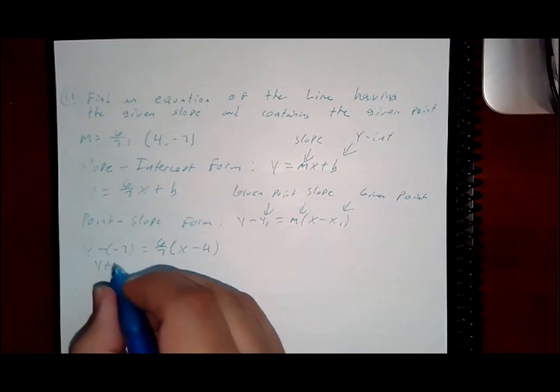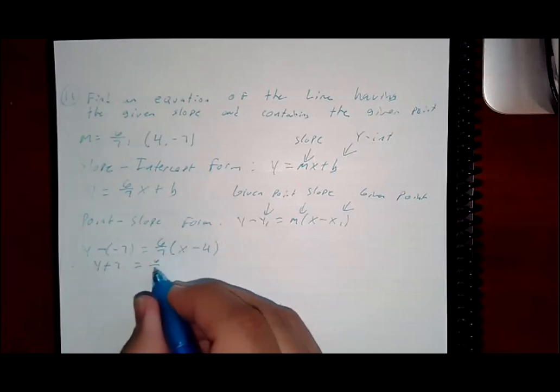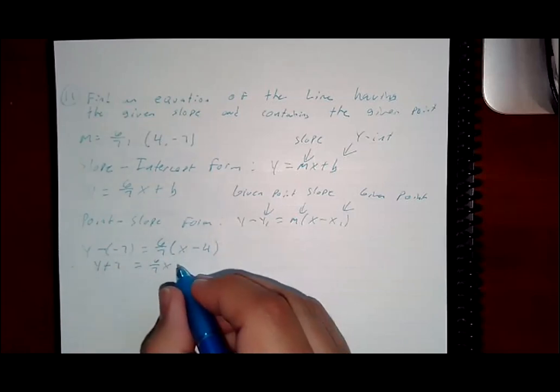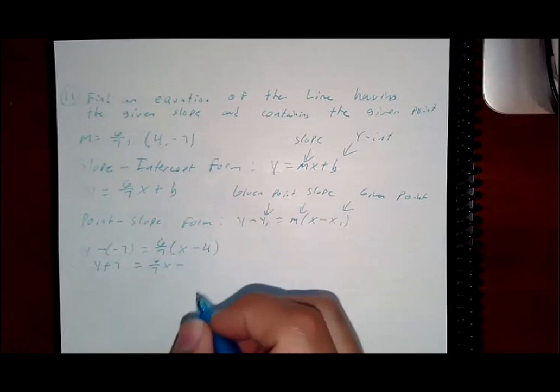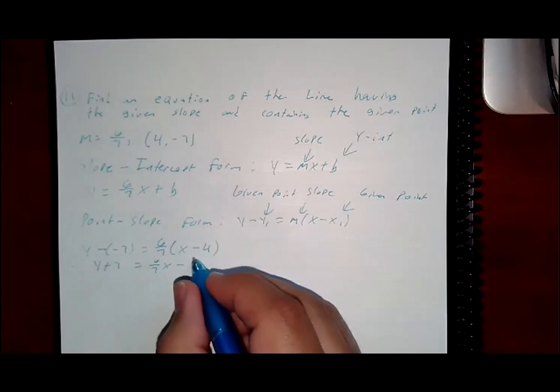So it'll be y plus 7, then multiply through, that'll be 6/7 x minus 4 times 6, that'll be what? 24/7.